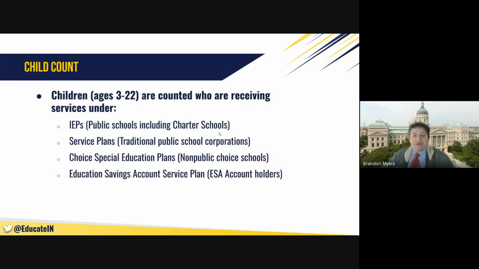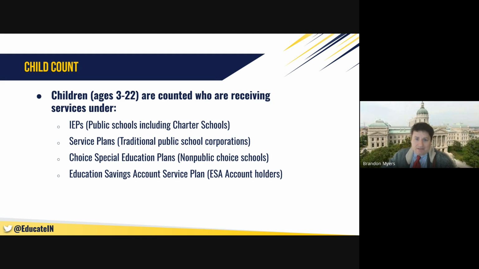The count covers children ages 3 to 22. Obviously 18 to 22-year-olds are not legally children, so sometimes you'll see the term youth used, but child count is the old-fashioned term, so we'll stick with children. In Indiana, we're counting children under one of four categories.